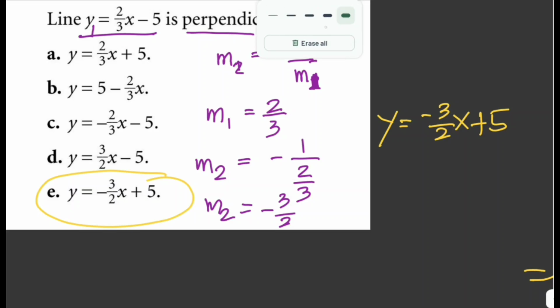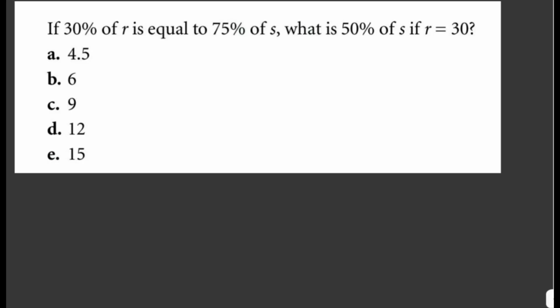Let's solve another problem. If 30% of R is equal to 75% of S, what is 50% of S if R is equal to 30? Alright, we're given that the value of R is equal to 30.